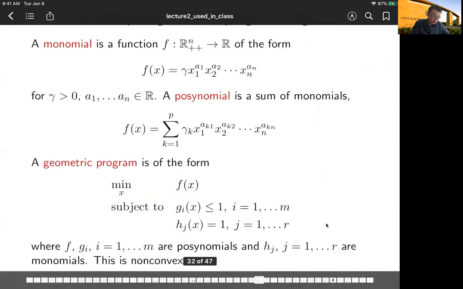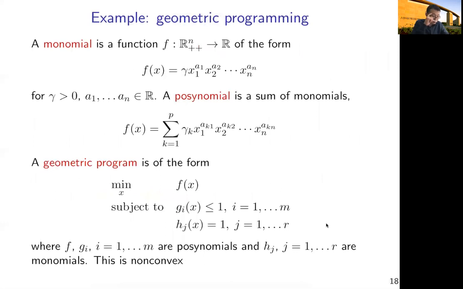Now, another example of such transformation being useful is to define a family of problems called geometric programs. Geometric programs are not convex optimization problems, but we will see that they can be converted into convex optimization problems. They deal with functions that are somewhat strange, called monomials and posynomials.